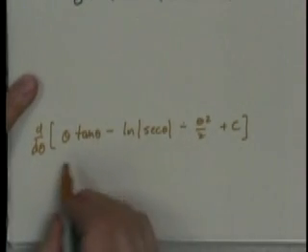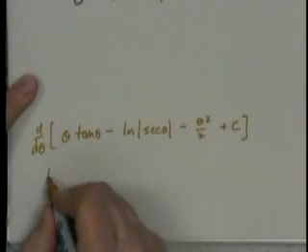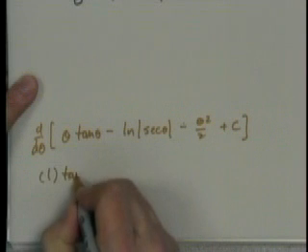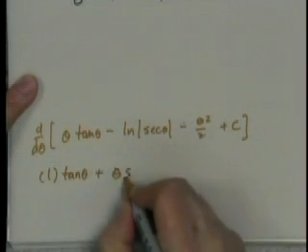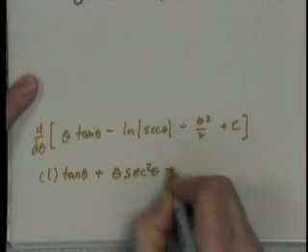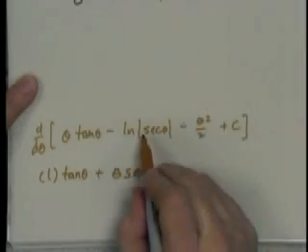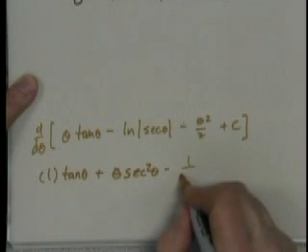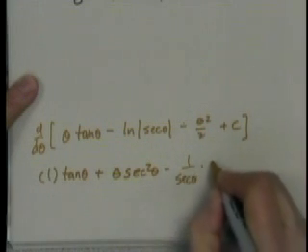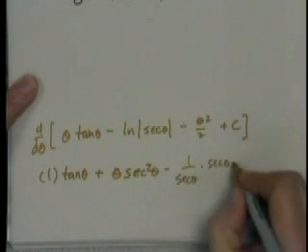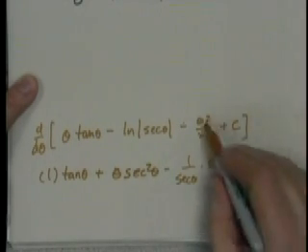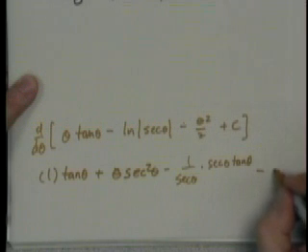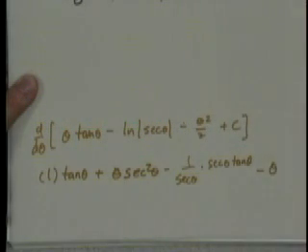The first term I'm going to need a product rule, so derivative of the first times the second is going to be 1 times tan theta plus first times derivative of the second, theta times secant squared theta. Natural log is going to be 1 over the argument times the derivative of the argument, and derivative of secant is secant tangent. Derivative of theta squared over 2 is theta, and derivative of c is 0.